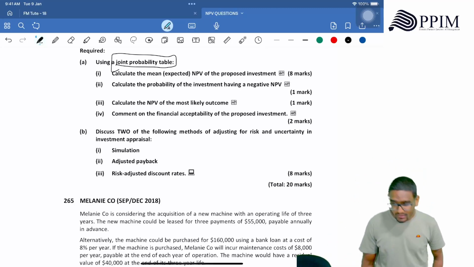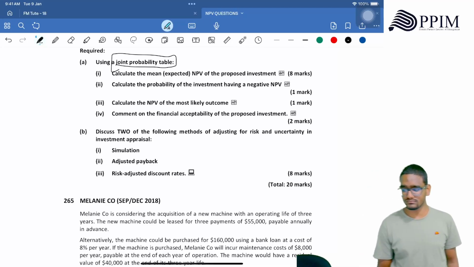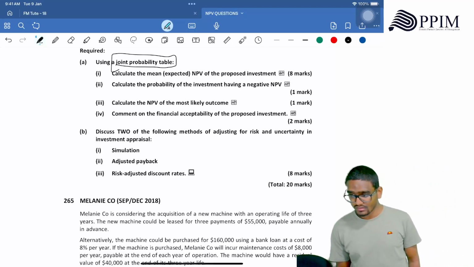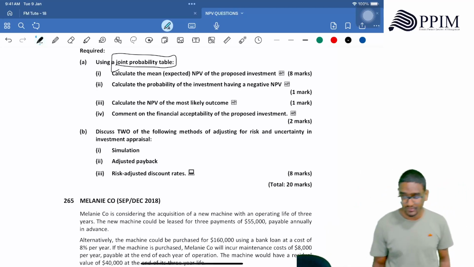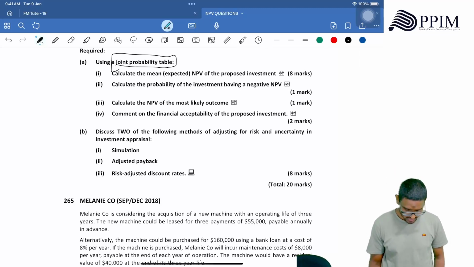Simulation: a computer-based method of evaluating investment projects with probability distributions attached to it.